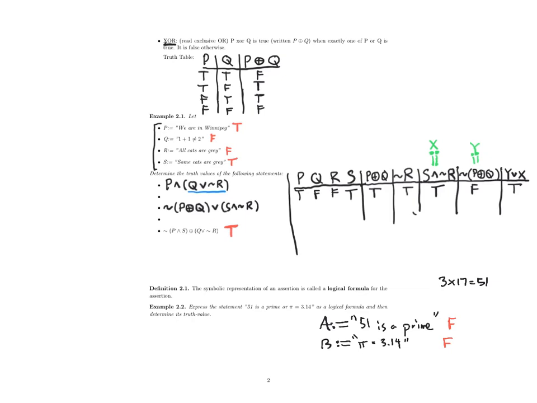So the logical formula is A, and there's an OR here, so it's going to be A or B. That's our logical formula for this assertion here. And we know that A is false, we know that B is false, and an OR is false when both are false. So this is a false logical formula.